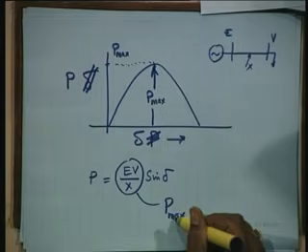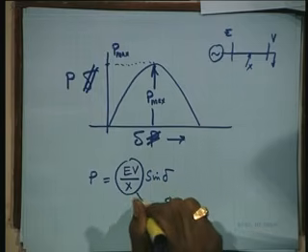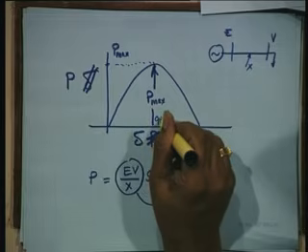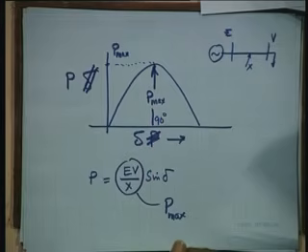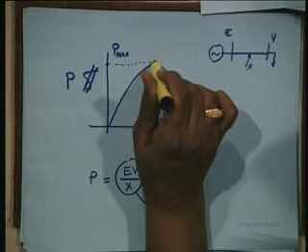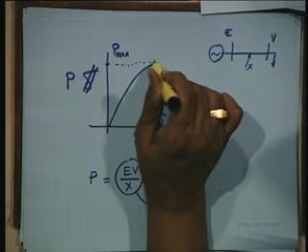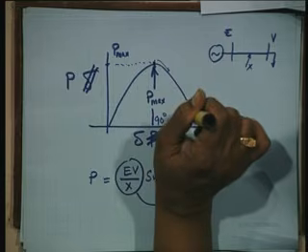Now this P max occurs obviously when sine delta is 1. And sine delta is 1 at delta equal to 90 degrees. But we don't operate at delta equal to 90 degrees because it is dangerous. You are standing here, Mount Everest. Slight distortion, slight fluctuation, slight perturbance will throw you down.